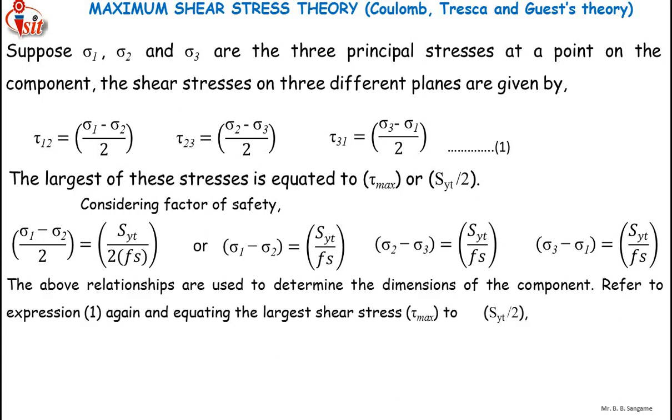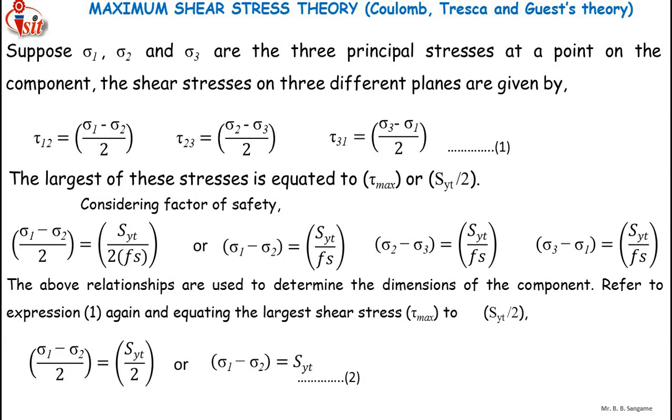So the above relationships are used to determine the dimensions of the component. Here we refer to expression 1, equating the largest shear stress tau max to SYT by 2. So sigma 1 minus sigma 2 by 2 equals SYT divided by 2, or the equation can be written as sigma 1 minus sigma 2 equals SYT.